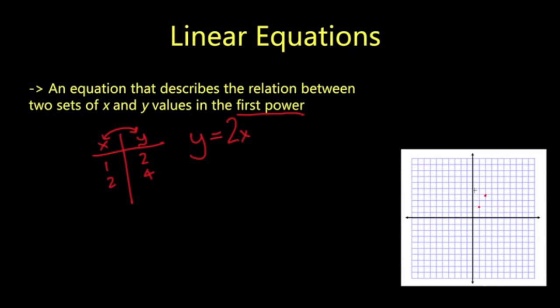If we were to draw a line that went through all these points, we could keep following the pattern at 3 and 6, and keep adding points, but if you connected them, you'd get a line. And that is why it's called a linear equation, because it represents a line on a graph. That's the only reason it's called linear.